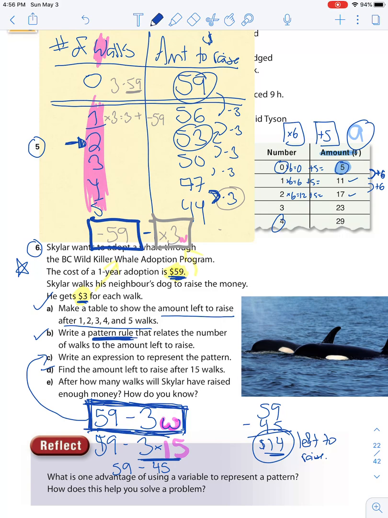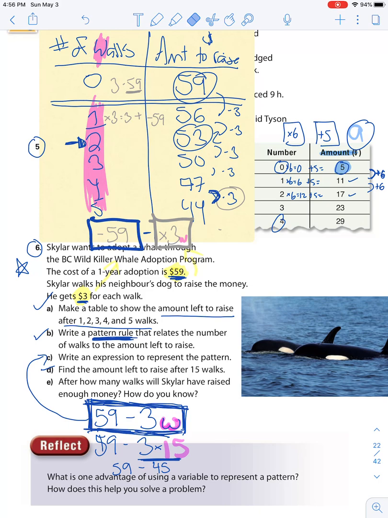How many walks will it take Skylar to raise enough money? Okay, well we know that if we've gotten to 15, it's not quite going to be enough. So this is where we can just do the guess and check method.